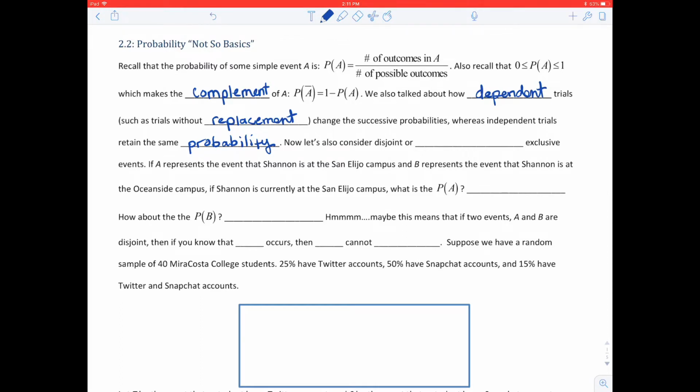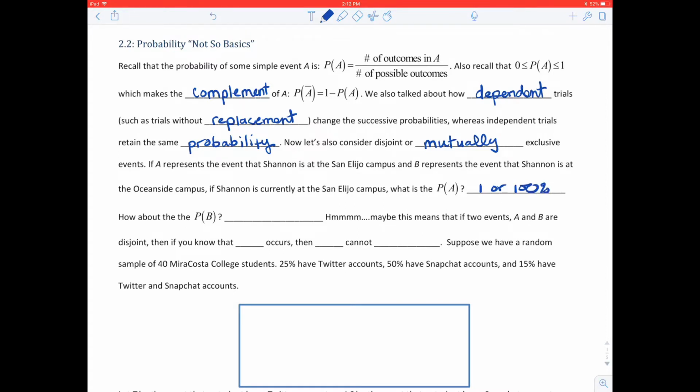Now, let's also consider disjoint, also called mutually exclusive, events. If A represents the event that Shannon is at the San Elijo campus and B represents the event that Shannon is at the Oceanside campus, if Shannon is currently at the San Elijo campus, what is the probability of A? Good, 1 or 100% because I'm there.